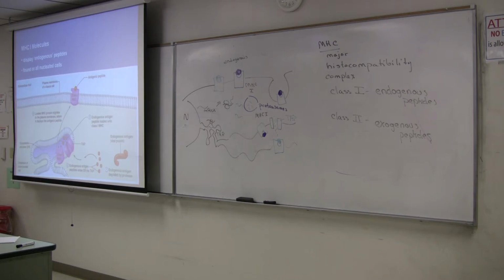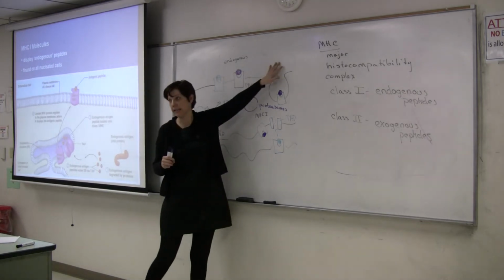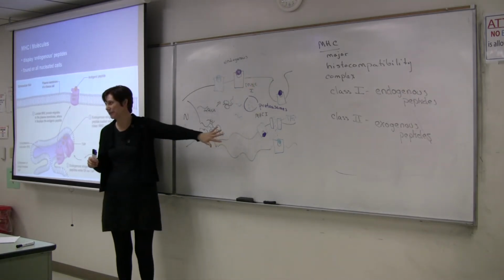Now let's say that I have a heart transplant, and the MHC1 molecules on those heart cells don't match my other cells, and so my body also recognizes them as foreign. Okay? So MHC1 molecules, I want you to associate as with endogenous peptides. And this is how they get on the MHC1 molecule.